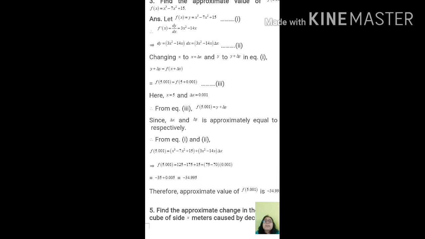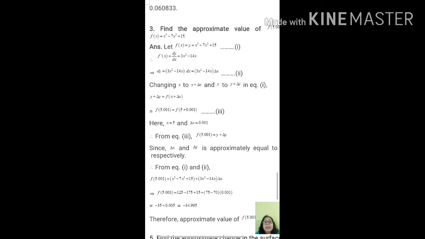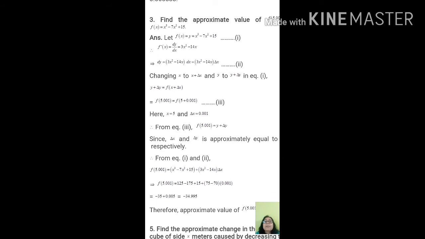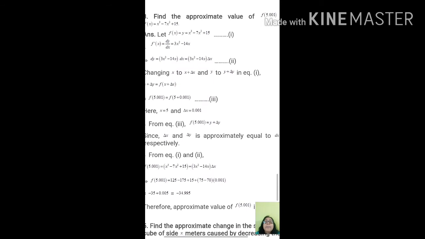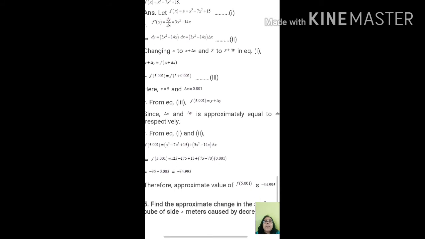Now y plus delta y is equal to f of x plus delta x. So f of x plus delta x means 5.001, so we can write f of 5 plus 0.001. So x is equal to 5 we are considering and delta x is equal to 0.001. So f(5.001) is equal to y plus delta y.